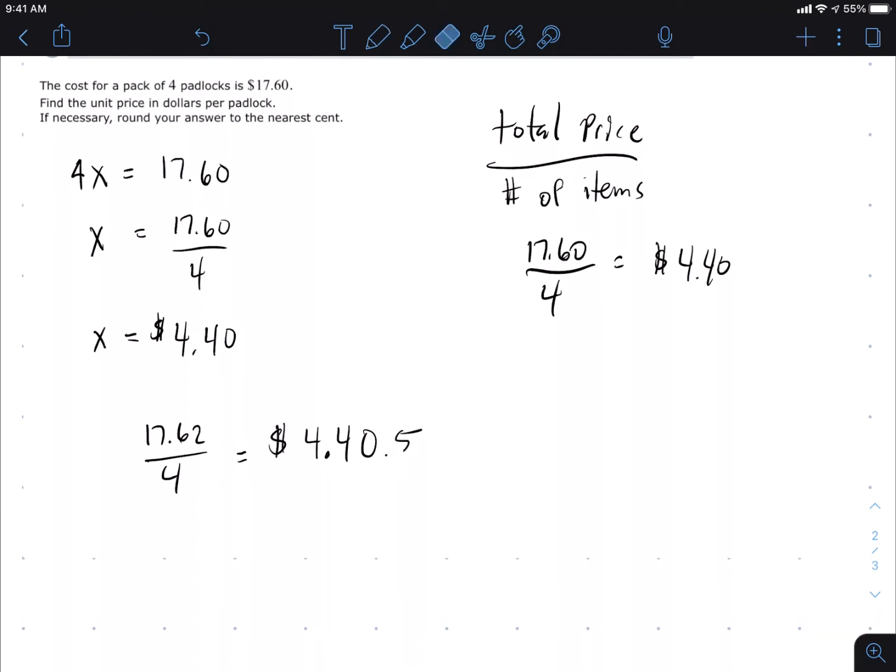But how many digits do we have in our currency, in terms of after the decimal? 2. We have 2. So this is as far as we can go. So they're never going to charge you less than their price. So they're going to round that, what? That's going to go up. And so the unit price there would have been $4.41 per unit. Does that make sense? Yeah. All right, cool.